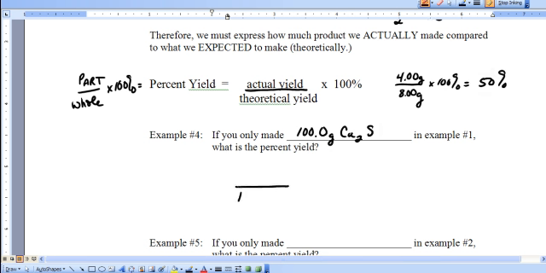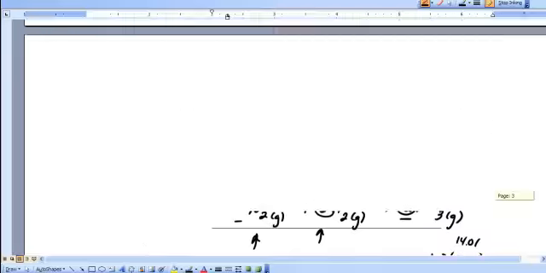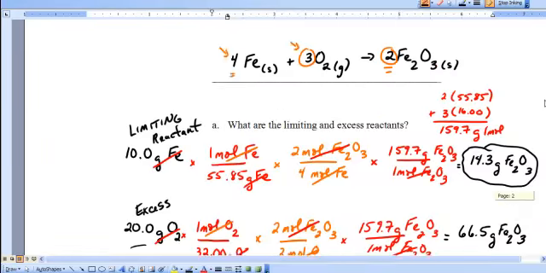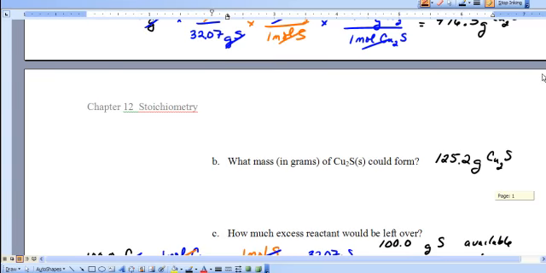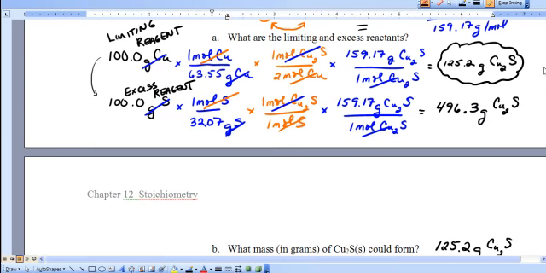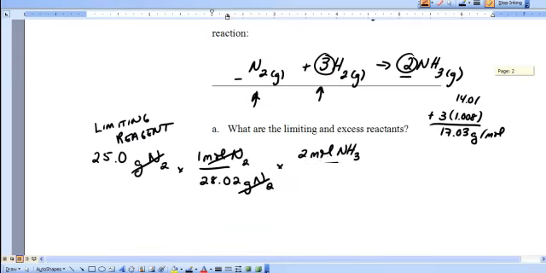That was the expected yield, 125.2 grams. In fact, if we scroll all the way back to example number 1, we'll show you that. All right, here it is, actually right here. We did the calculation, and with a cloud around it, we expected to get 125.2 grams of our Cu2S. So that is our expected or theoretical yield.